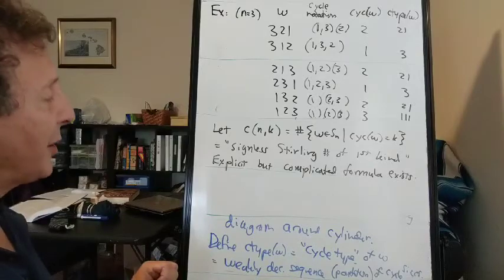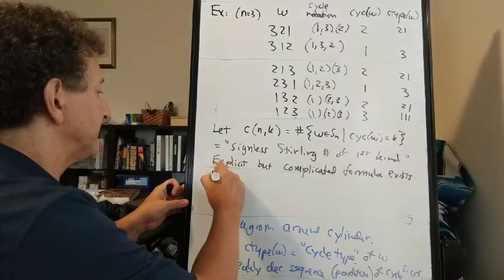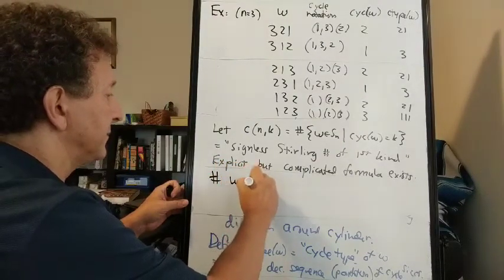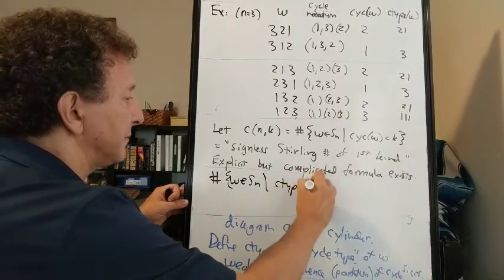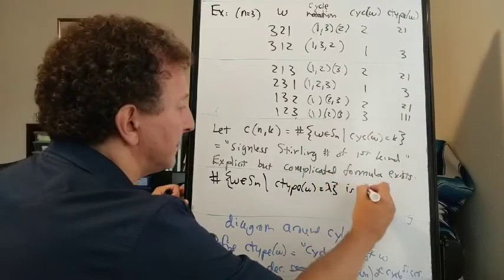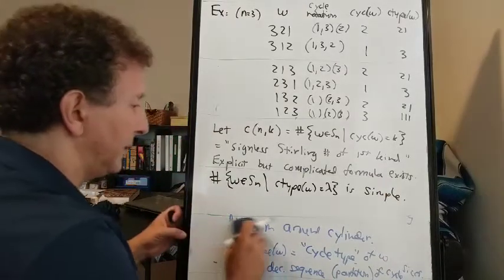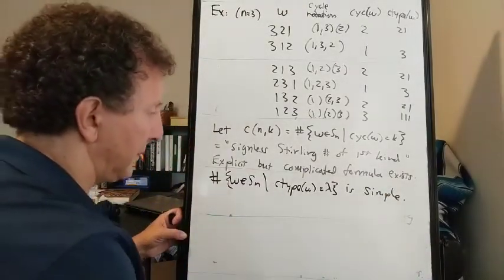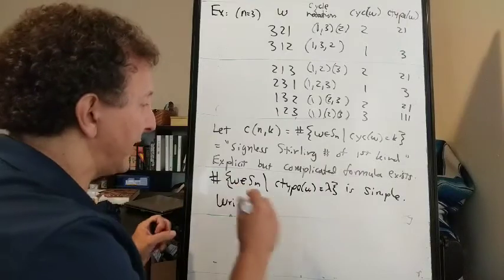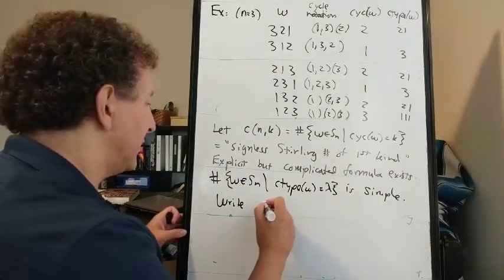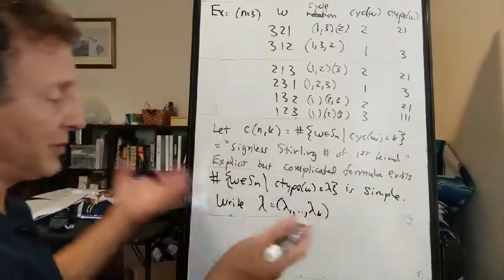On the other hand, the number of permutations that have cycle type lambda is pretty easy. It's most easily stated not in terms of lambda 1, lambda 2, lambda 3, which I guess we can write. So let's say this is a permutation which has k parts.